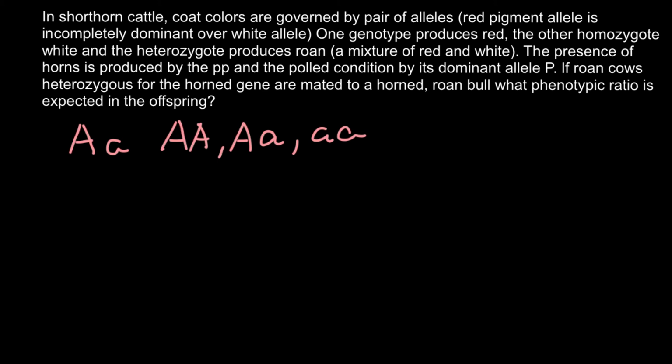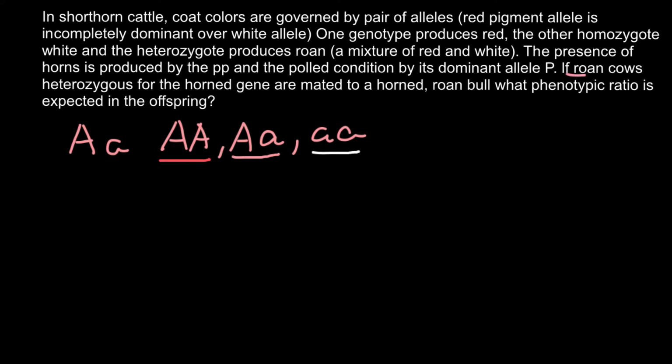Homozygous dominant would produce red pigment, the heterozygous genotype would produce roan color, and I don't have this color, so let's just pretend that this is roan, and the homozygous recessive genotype would produce white color in these cows. Let's read our problem again.